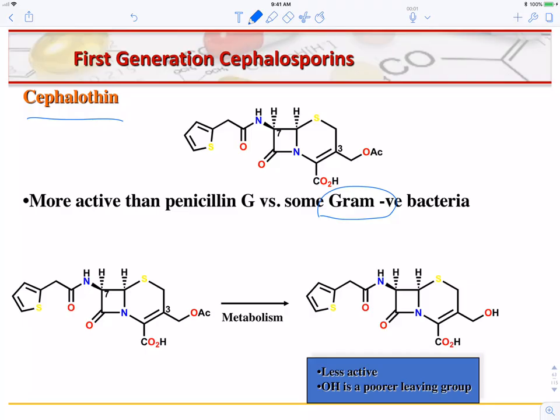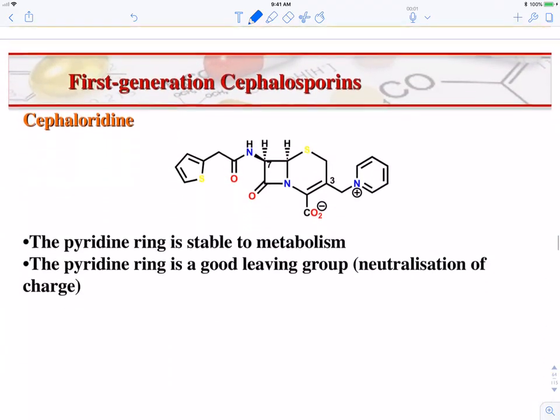In general, they get metabolized with the same overall chemistry, and the first thing that happens is that we basically hydrolyze the acetyl group here on the side chain in position 3, and then we have compounds that are less active.